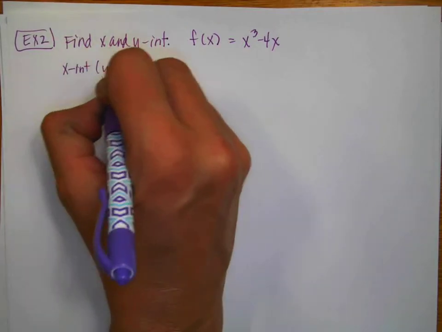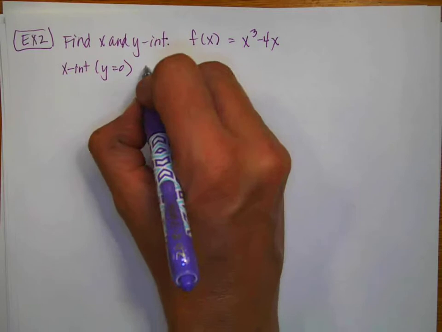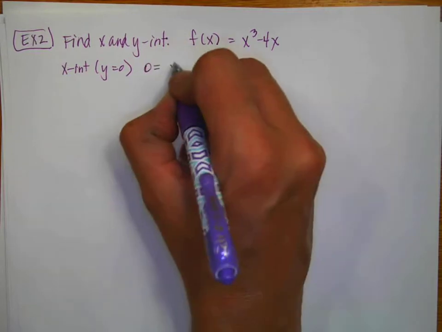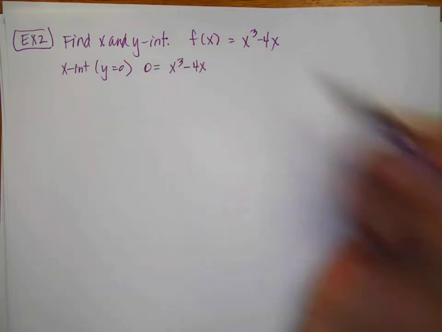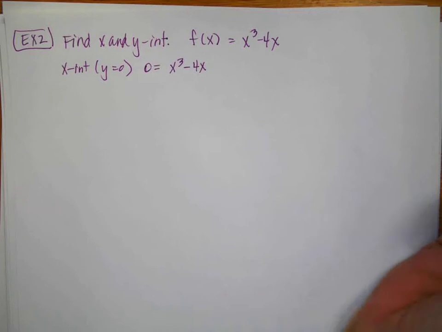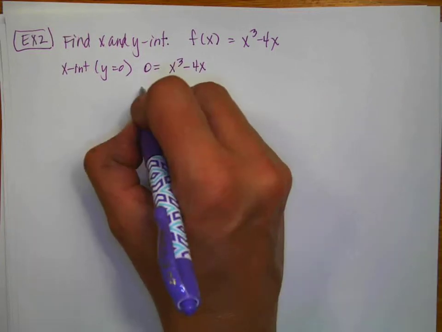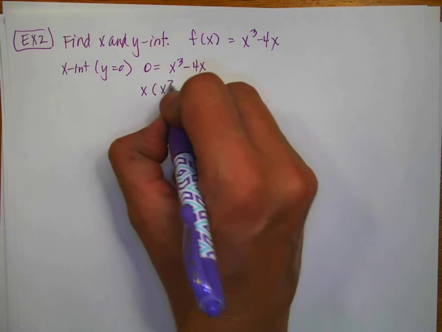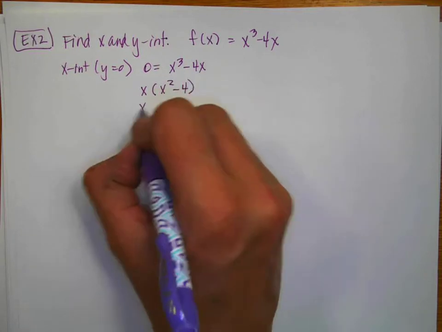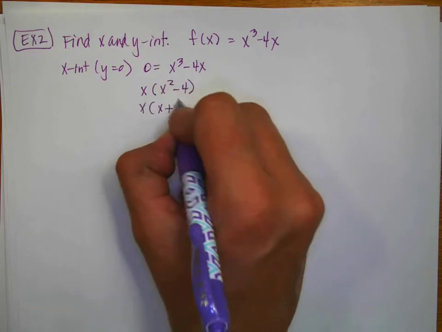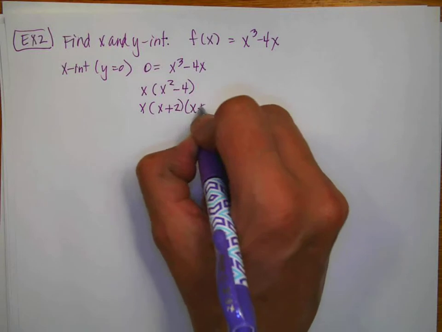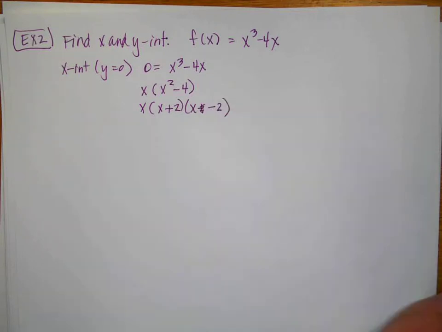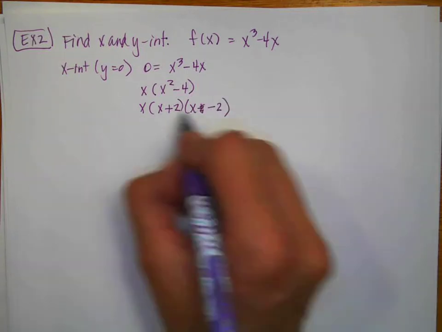For the x-intercept, I let y equal 0, so I'm going to get 0 is equal to x cubed minus 4x. Factoring is your favorite F word, so I'm going to solve by factoring, and I get x squared minus 4, and then that is a difference of 2 squares, so I get x plus 2, oops, bad math, and x minus 2.